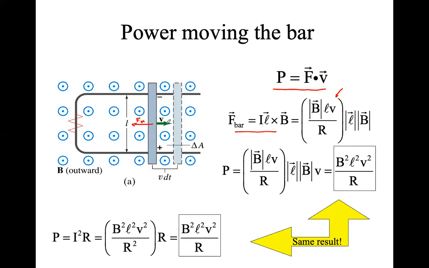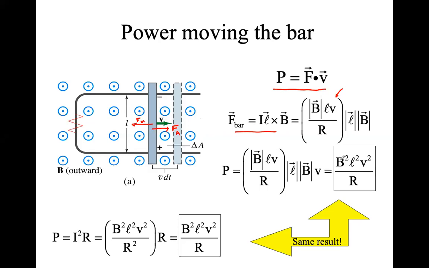And so if I'm going to keep this thing moving at a constant velocity by Newton's first law, I better be applying a force in that direction that's exactly equal to the magnetic force, which is opposing it. And so that's why the power that somebody has to put in would be the magnetic force times the velocity, in order to just match these two things and move the bar at a constant velocity. In any event, just multiply these two things out.